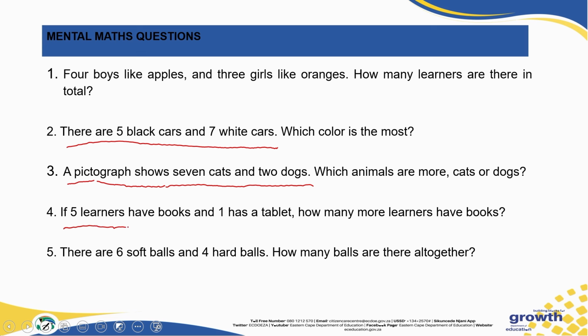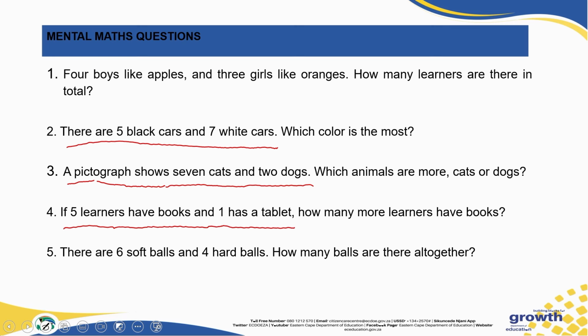If 5 learners have books and 1 learner has a tablet, remember, I know you like tablets. The learners are 6 altogether. 5 of those learners have books. 1 learner has a tablet. Now here is my question. How many more learners have books?